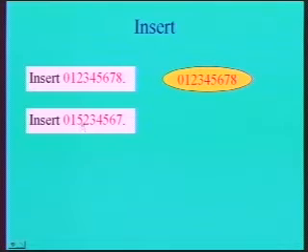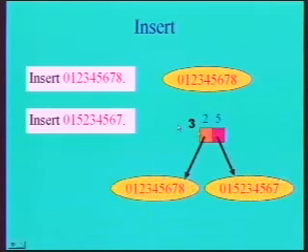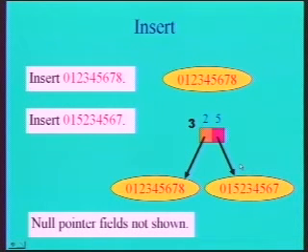So in this case, the first digit is number 3. That's where this one's got a 2, that one's got a 5. So I'm going to introduce a branch node where the branching is done on digit 3. If it's a 2, you go down here. If it's a 5, you go down there. Okay. All right, the picture doesn't show the null pointers. We actually have 8 null pointers in this node.